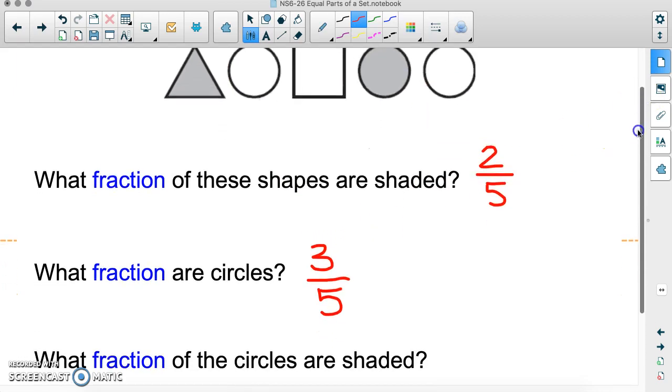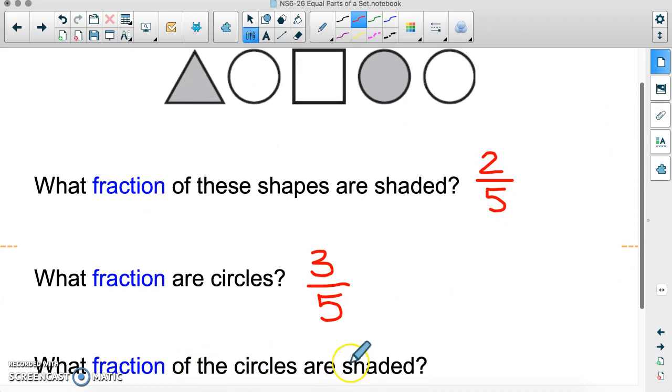Now the last one here, what fraction of the circles are shaded? So we're looking at only the circles right now. It's what fraction of the circles are shaded. So we need to read really carefully. Well, we can see that there's 3 circles total. Of those circles, only one of those circles is shaded.